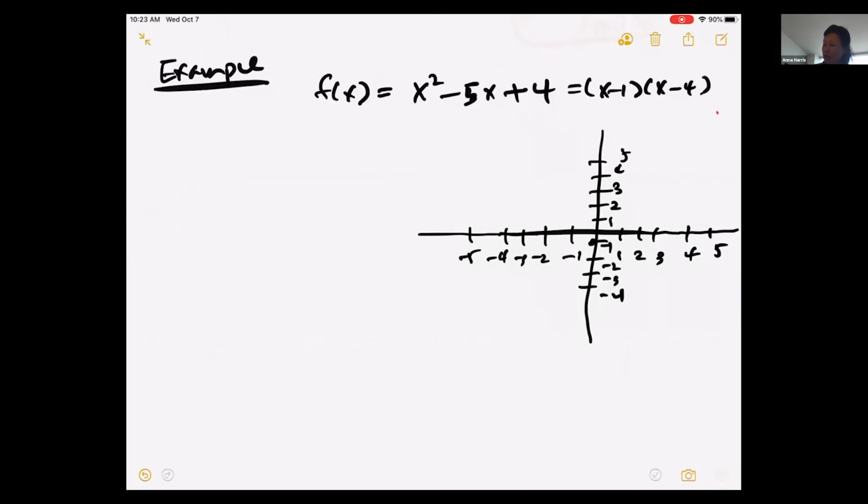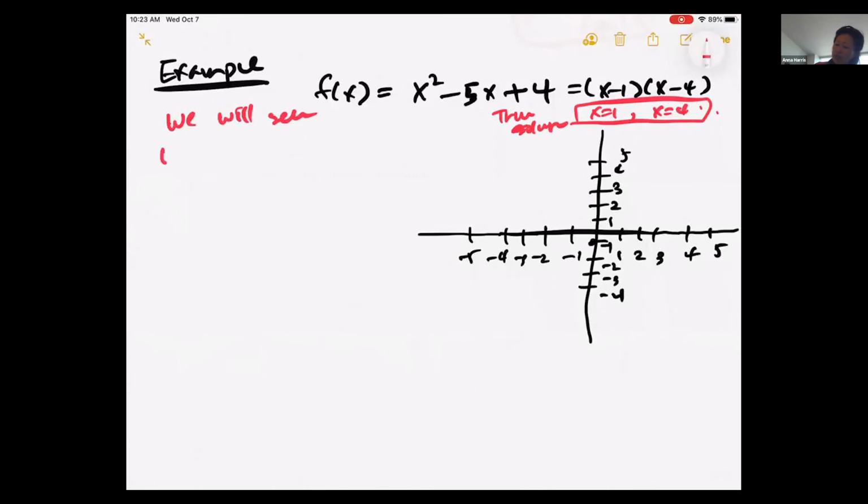I know that x equal to 1 and x equal to 4 are the true solutions. We will see whether we can get a similar solution using Newton's method.